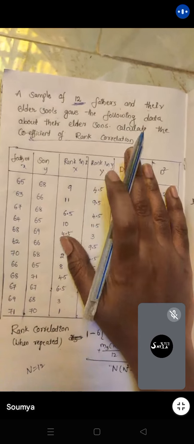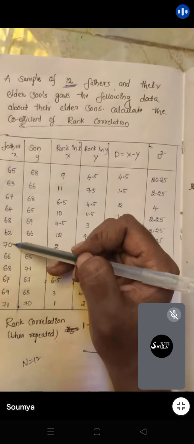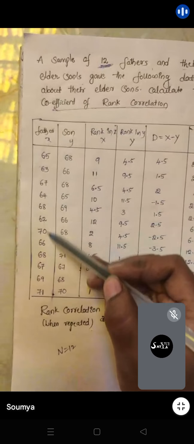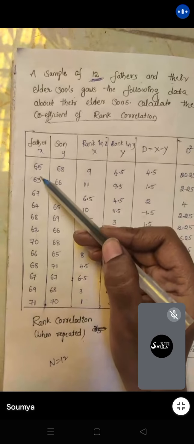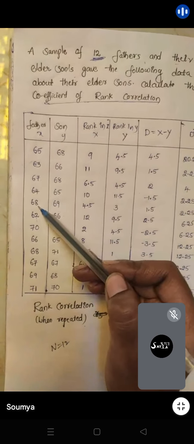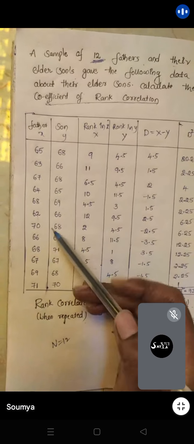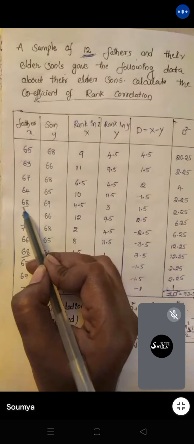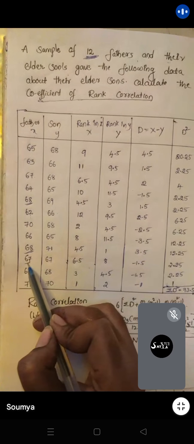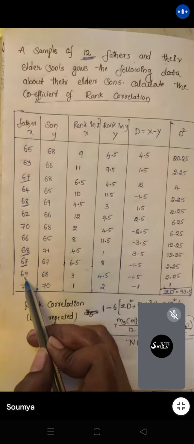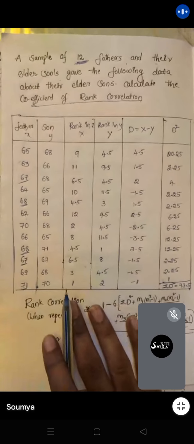So first of all, you have to check the data, okay? So father X, son Y. I'm taking this: 65, 63, 67, 64, 68, 62, 70, 66. Here I got 68 twice, and 67 also twice. And 69, 71.